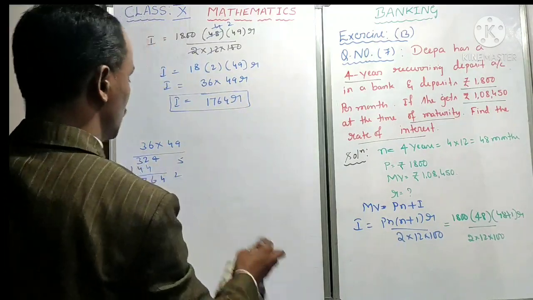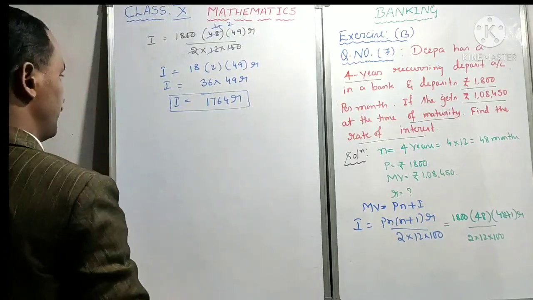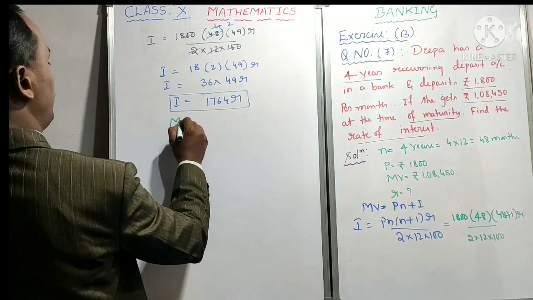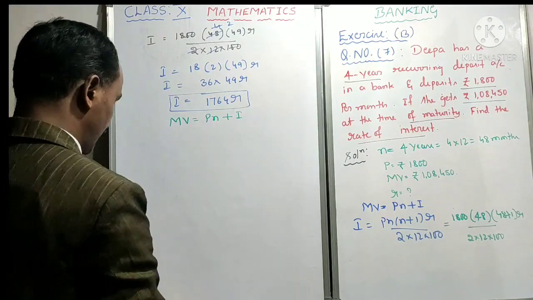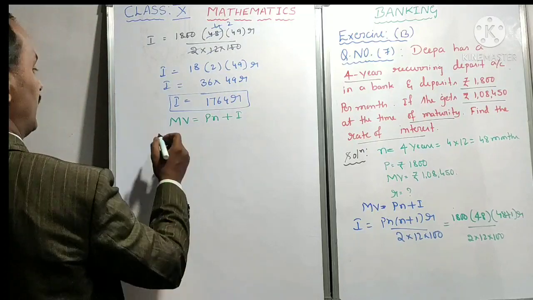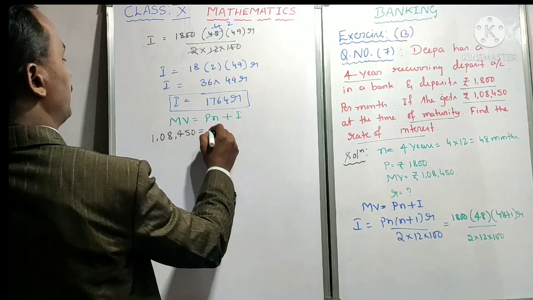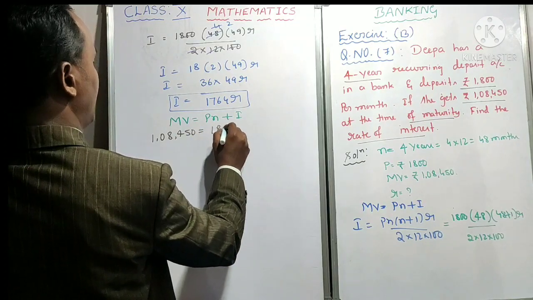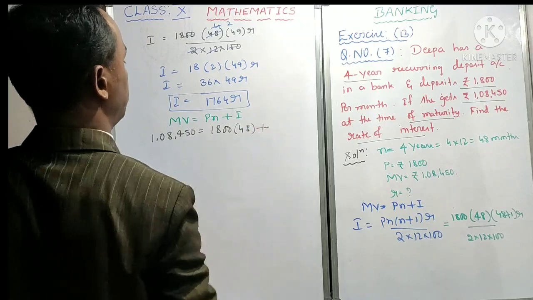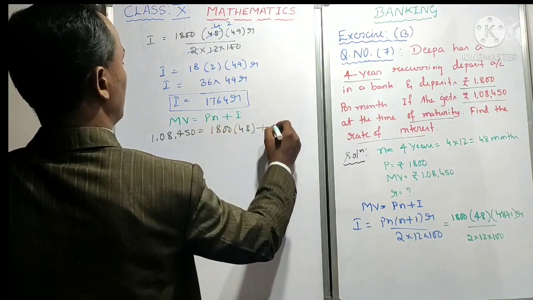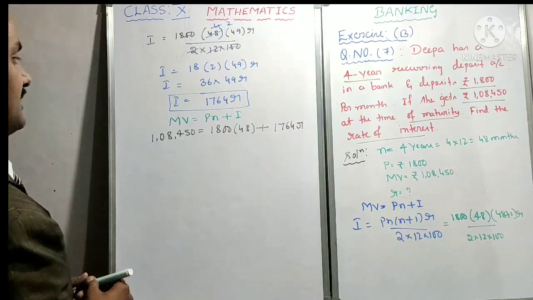Now I will go to the next main formula, the maturity value formula. You know that. Maturity value is equal to Pn plus I. I substitute the values: maturity value 1,08,450 is equal to P value 1800, N is 48, plus this one, 1764 R. What is the next step?